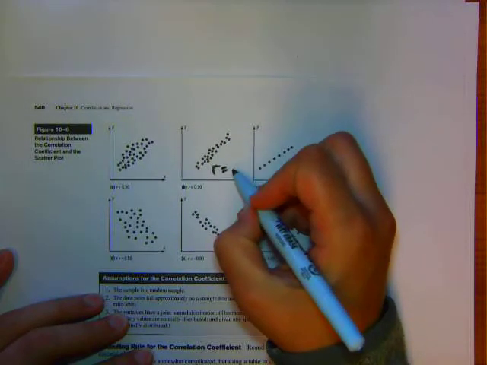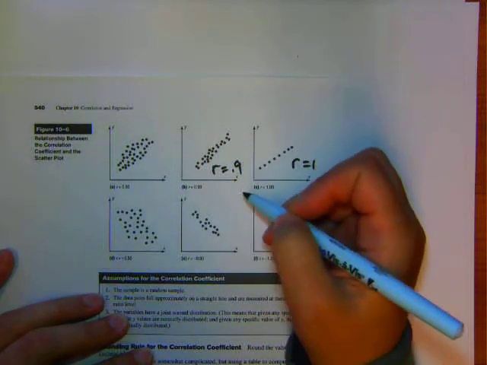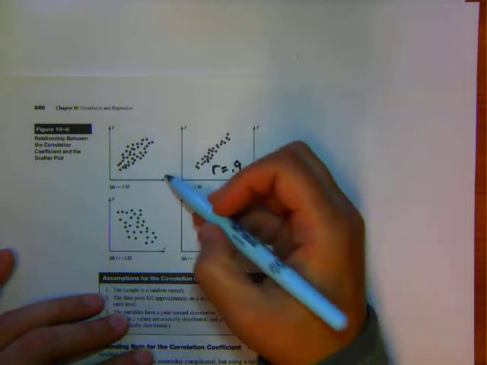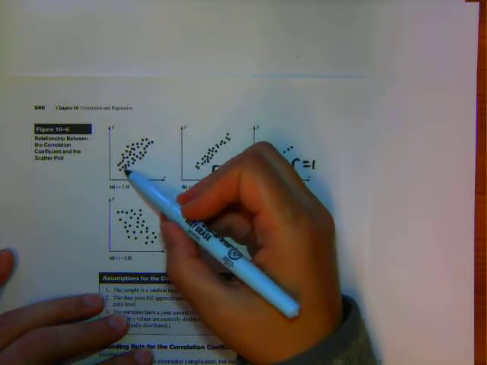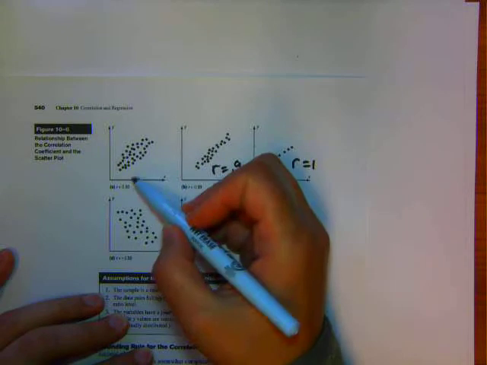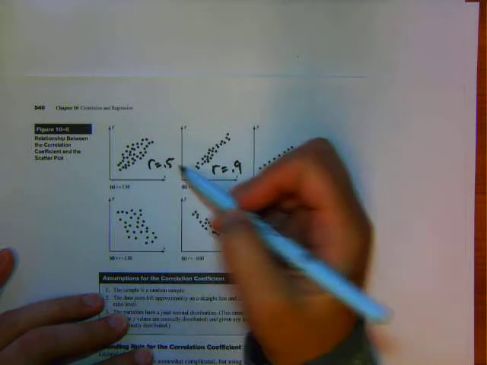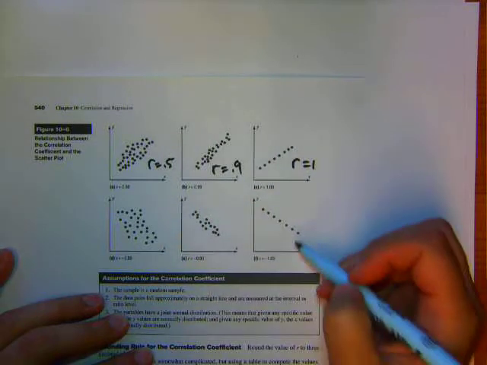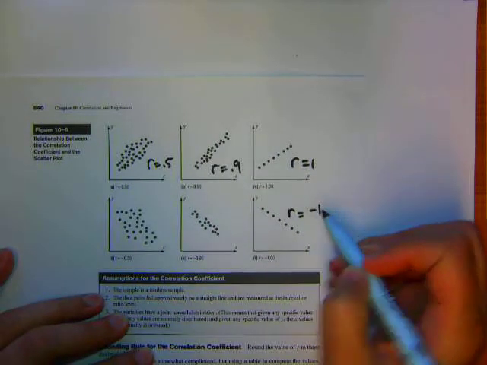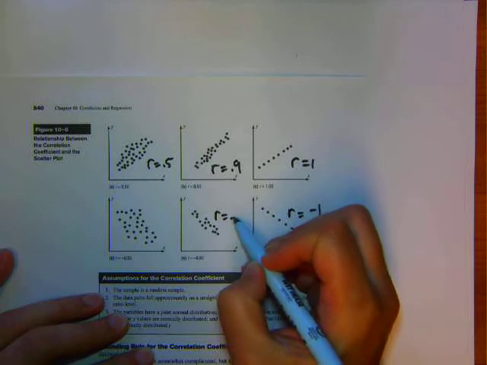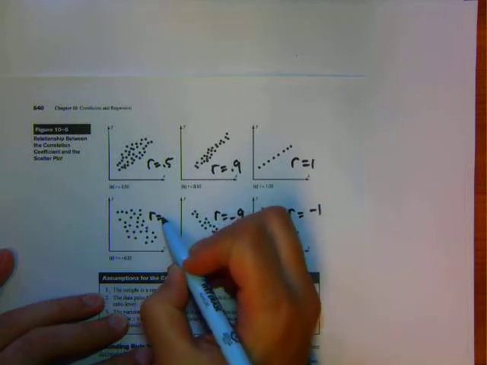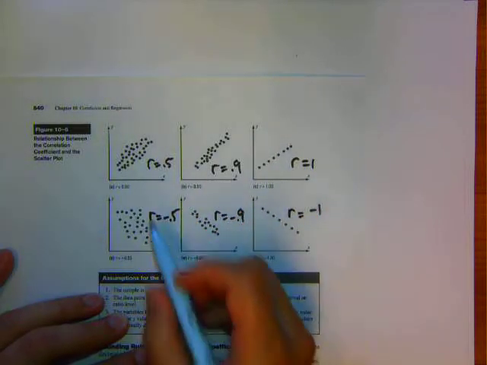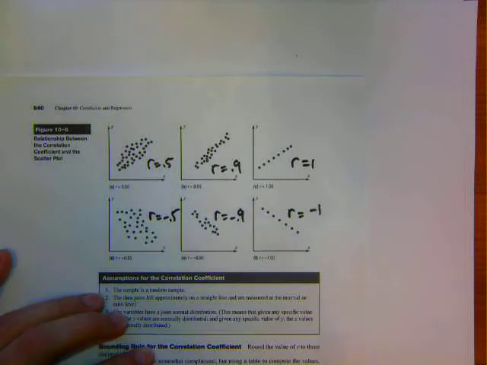So here your r is close to 1, but not exactly equal to 1. As they start getting more and more scattered, here they're more scattered than the previous picture. This is an r equal to 0.5. And as you go on the negative side, it'll go from -1, here's r equals -0.9, r equals -0.5. As they get more and more scattered all together, your correlation gets closer and closer to 0.